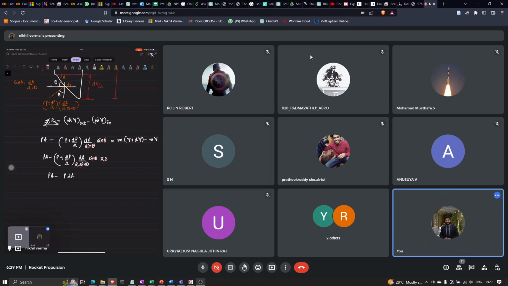This is from the side walls, right? This contribution is from the side walls.